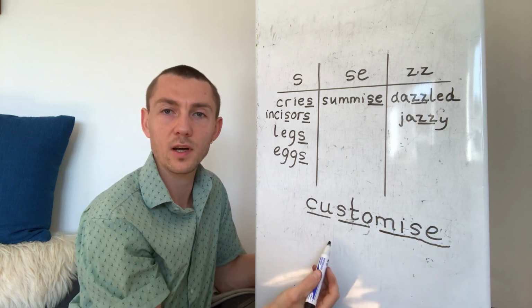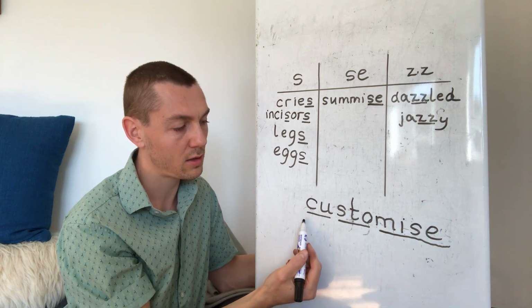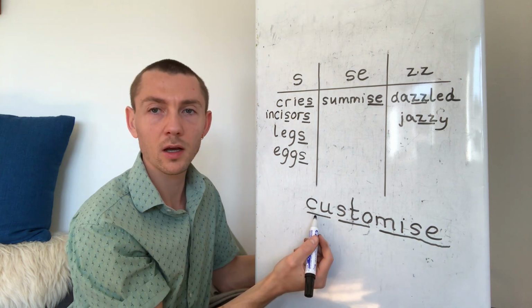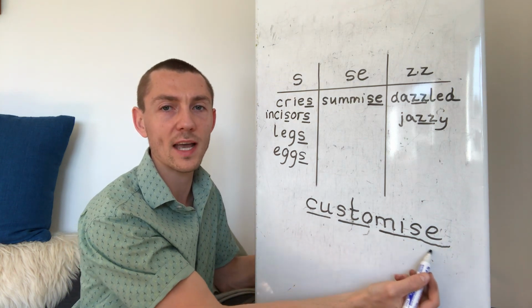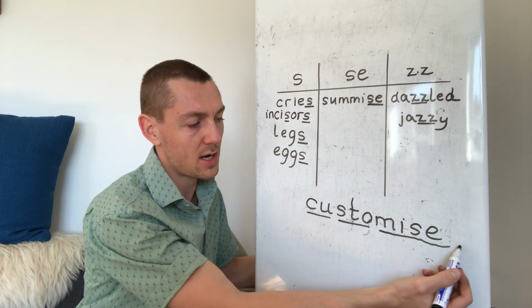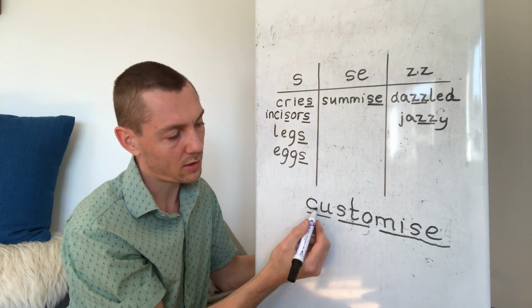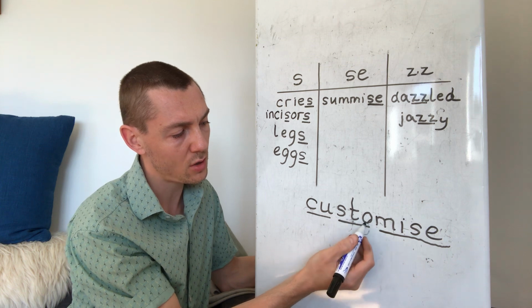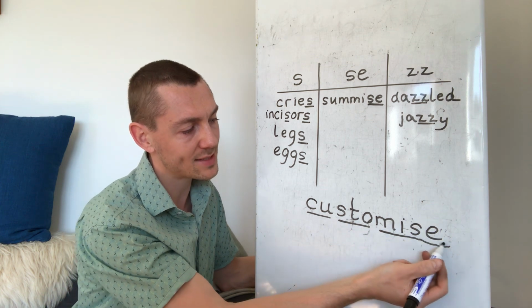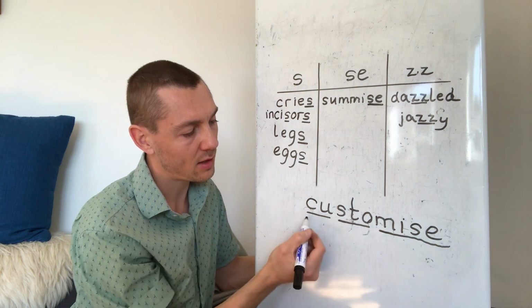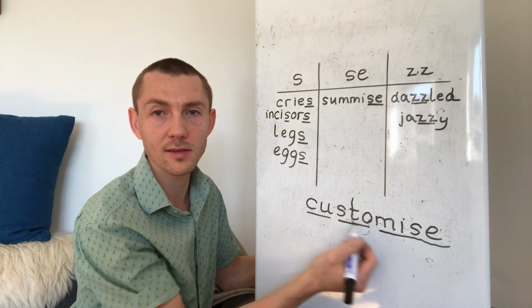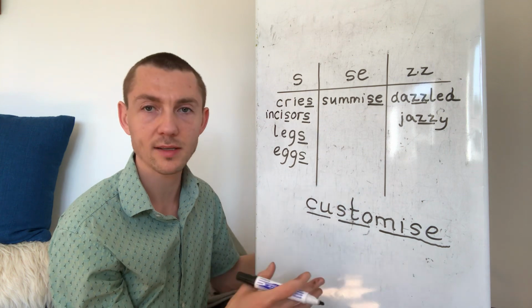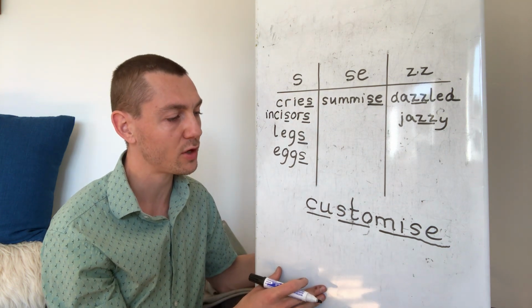Okay, after three, the word is one, two, three. Customize. Customize. K, st, o, st, I, z, mise. Customize means to personalize something, make it your own, put your own stamp on it.